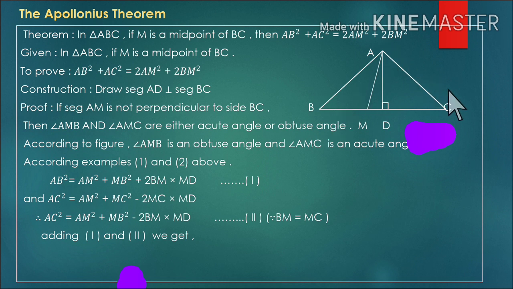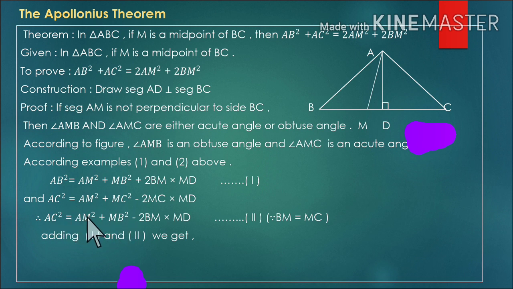And for acute angle, AC square is equal to AM square plus MC square minus twice MC into MD. Now, M is the midpoint, that means BM is equal to MC. So let's substitute MC as MB.